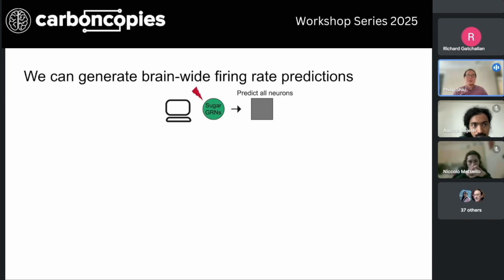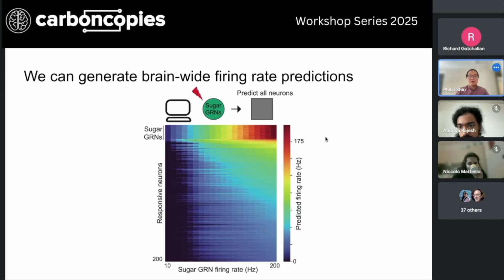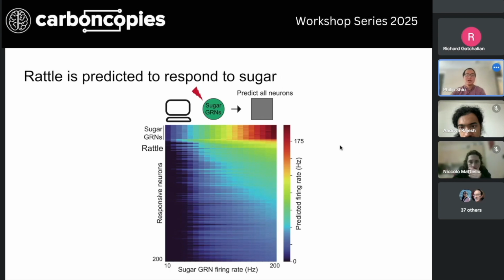Okay, so in addition to activating motor neurons, we basically can predict brain-wide all of the neurons that might respond to sugar detection. So basically, if you activate sugar sensing neurons, what are all of the neurons in our computational model that respond? We find a bunch of neurons that respond, but the question, of course, is how accurate are these predictions?